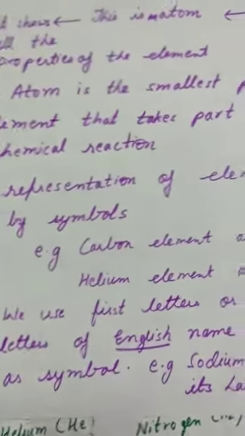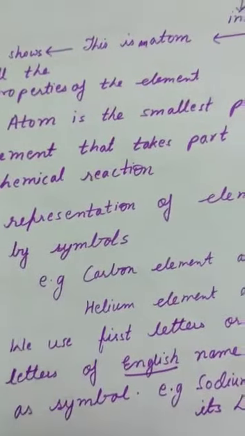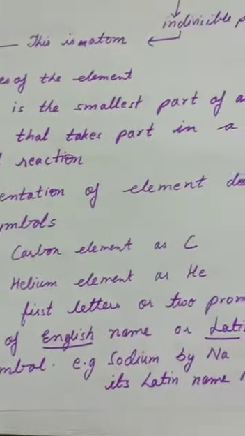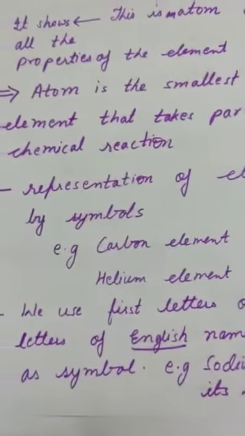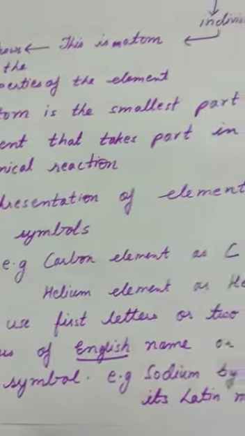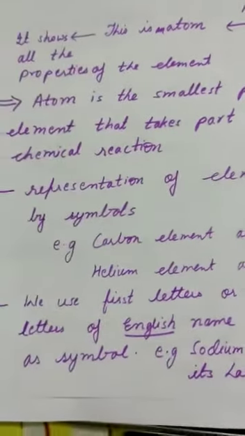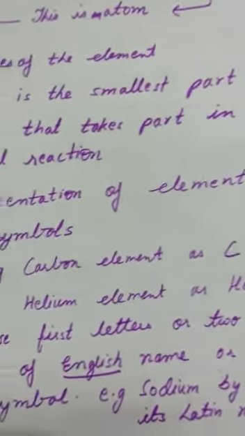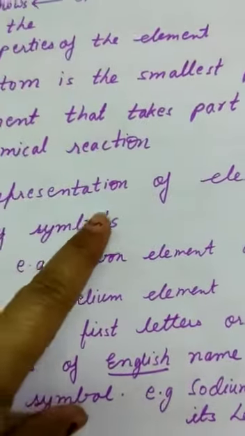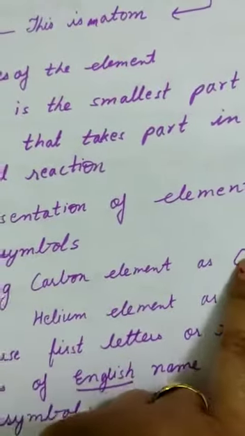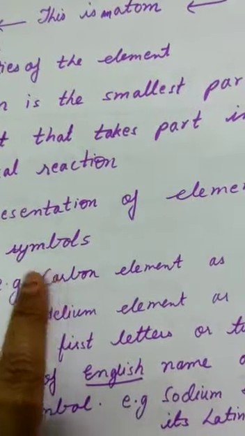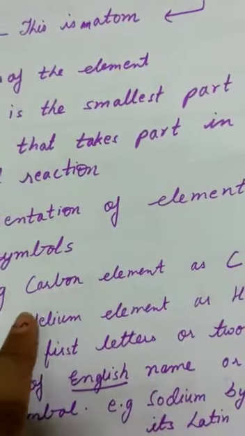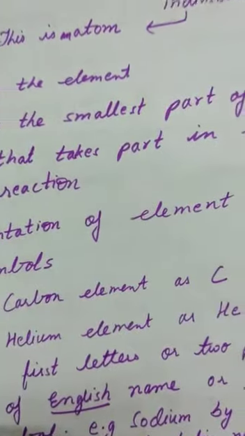And while assigning the symbol, either we use the first letter or two prominent letters of the English name or Latin name as the symbol. For example, in carbon the symbol is C, the first letter of the English name. In case of helium, we are using symbol He, that is the first two letters of the English name.